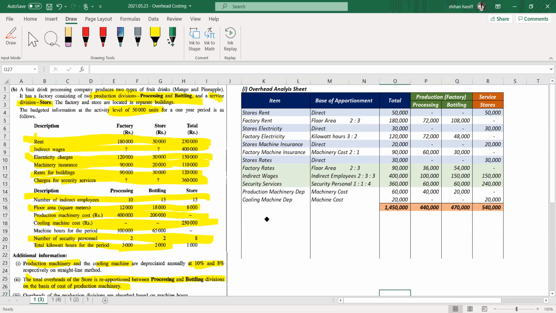So let's divide the service department. Reapportionment of service division overheads.